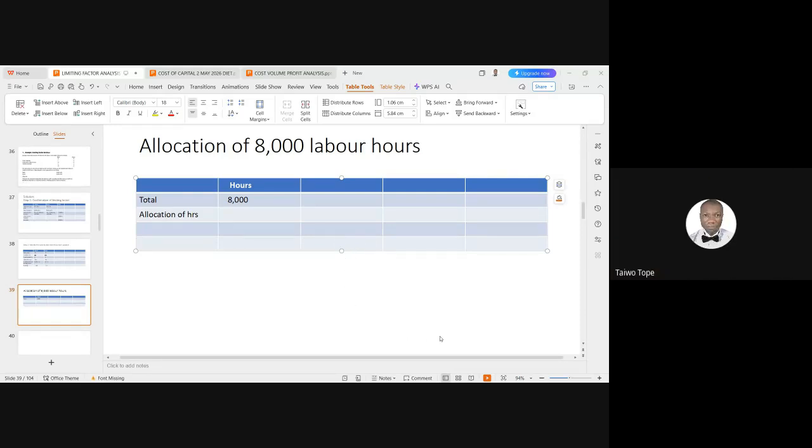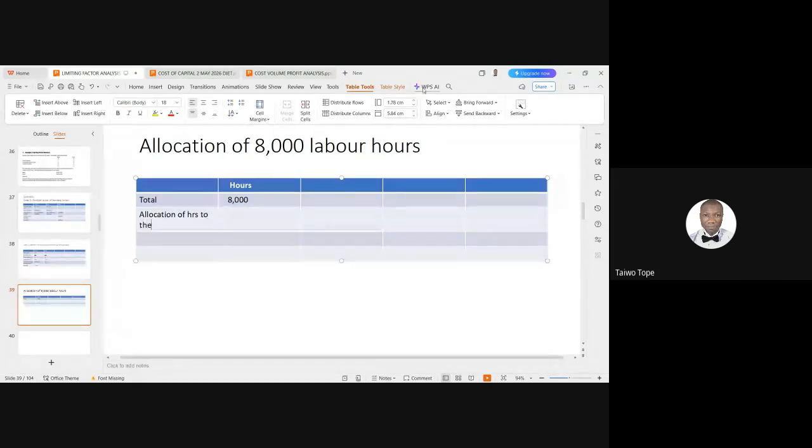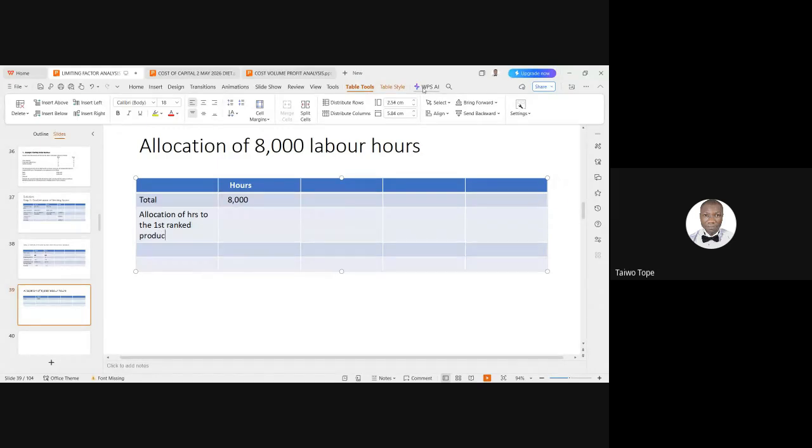So allocation of hours to the first rank product. The first rank product is sauce.